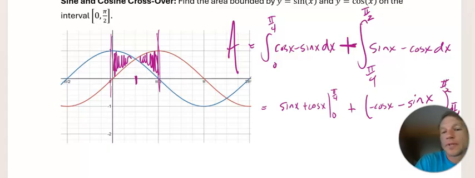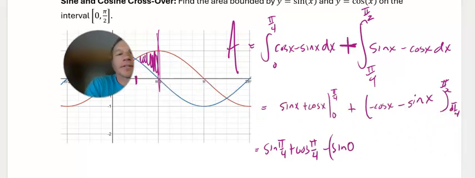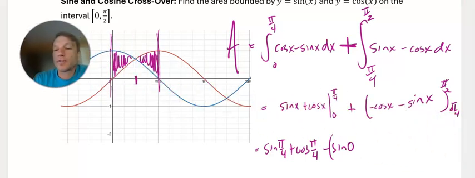So my answer then is sine of pi over 4 plus cosine pi over 4 minus sine of 0. This is the fundamental theorem of calculus. Minus sine of 0 plus cosine of 0. All right, that's that piece.